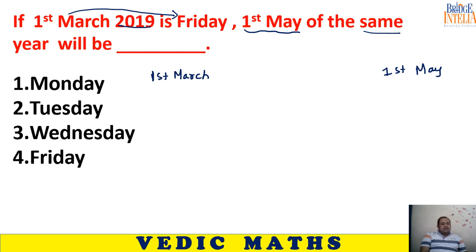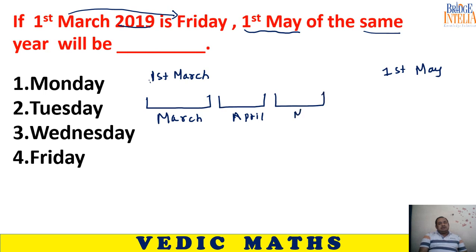So you have taken the entire month of March, the entire month of April, and one day from May, because your counting stops on 1st of May. So one day from May, 31 days from March, and 30 days from April.